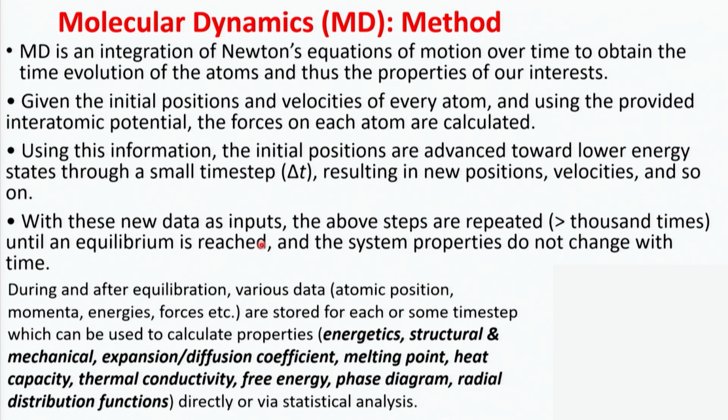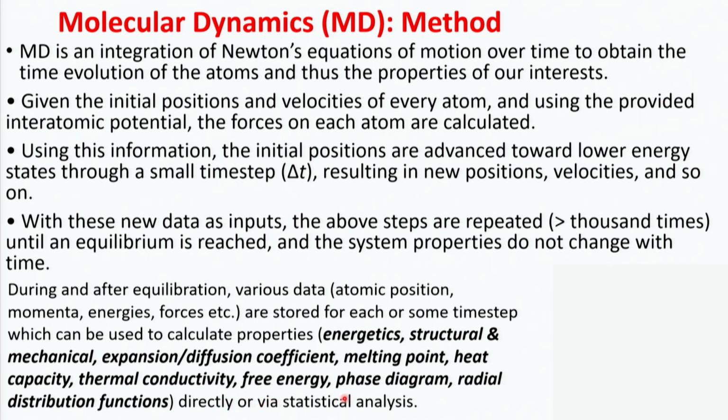So during and after the equilibration, various data like atomic position, momentum, energy, force are stored for each or some time interval, which can be used to calculate different properties. So these are the main uses of molecular dynamics. We can get properties like energies, structural and mechanical properties, expansion or diffusion coefficient, melting point, heat capacity, thermal conductivity, free energy, phase diagram, and also structural properties like the radial distribution function directly or via statistical analysis.